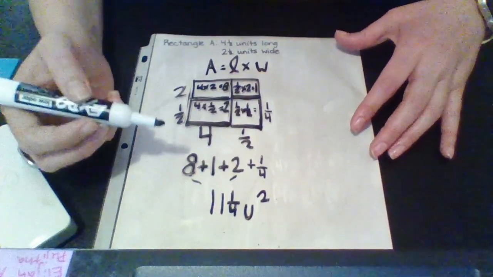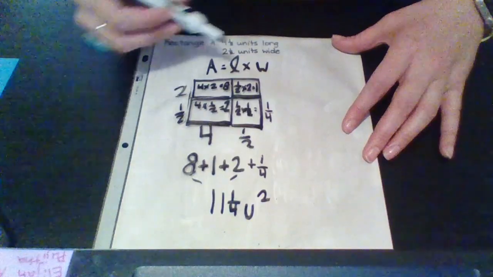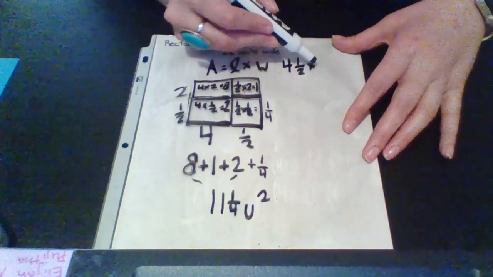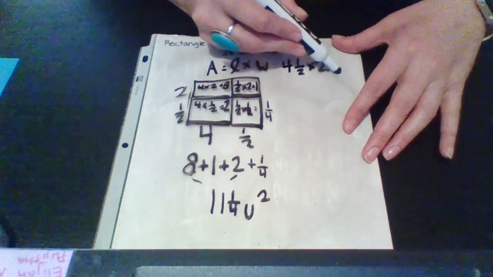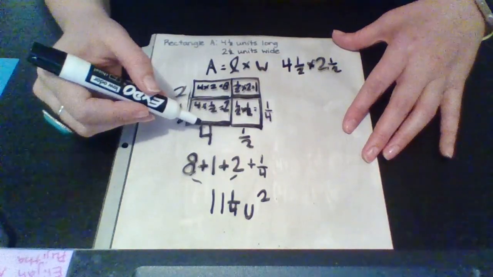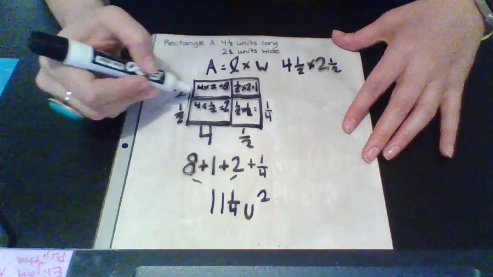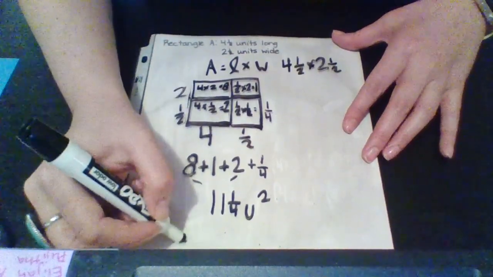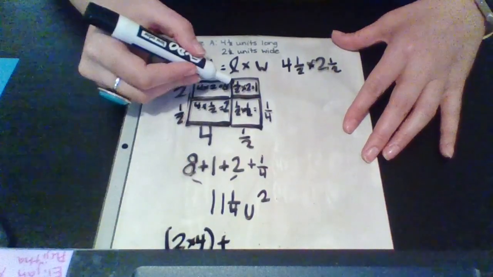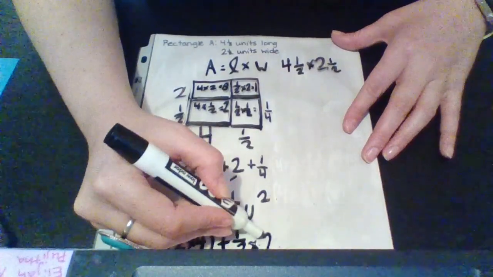But the question also asks for you to show what you did with multiplication. So if our problem that we were doing, our length was 4.5 times 2.5, we didn't just multiply that. What we did was we broke it apart. We did 2 times 4. And then we added that to 1/2 times 2.